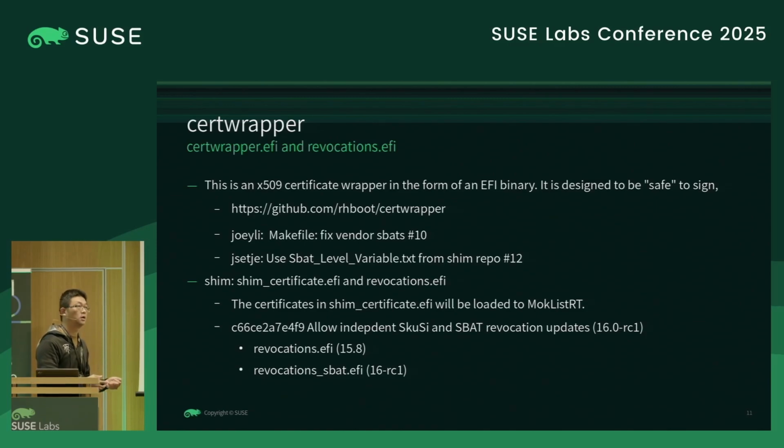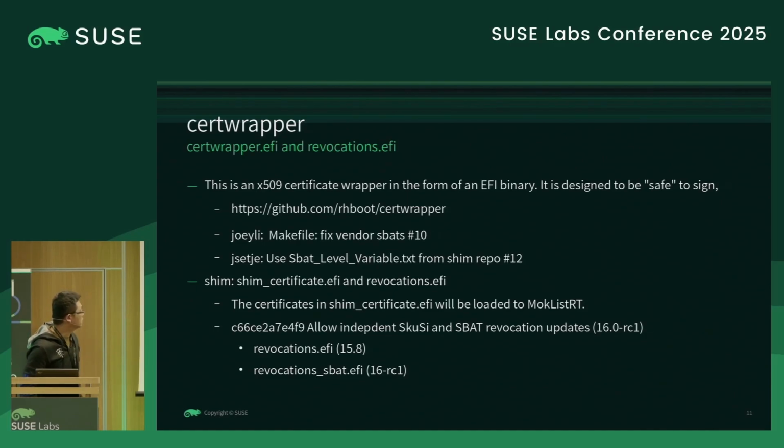We just build another UEFI PE binary, which includes a DB and also a new SBAT string. Then Shim just loads the binary, but the binary must be signed by the SUSE key. Then Shim can verify the binary with the SUSE key. If successful, then the new DB and the SBAT will be applied.